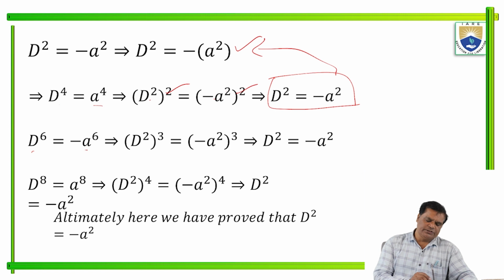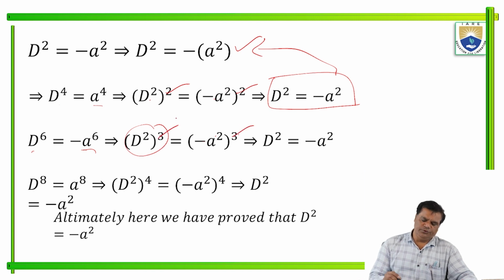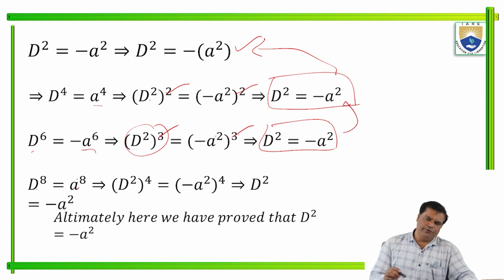D to the power 6 equals minus A to the power 6. D to the power 6 is D square whole cube, equal to minus A square whole cube. The cube is cancelled and we find the same result. And D to the power 8 equals A to the power 8; D to the power 8 is D square whole 4, equal to minus A square to the power 4.